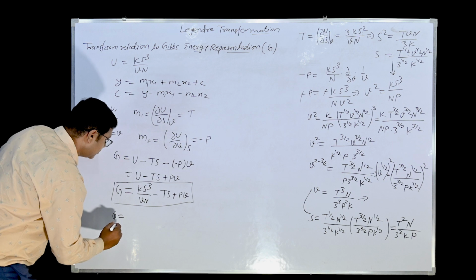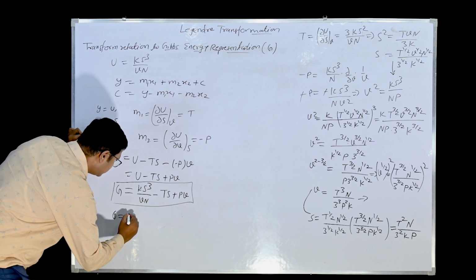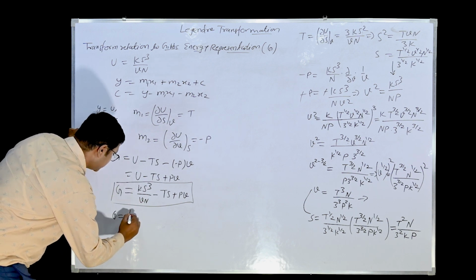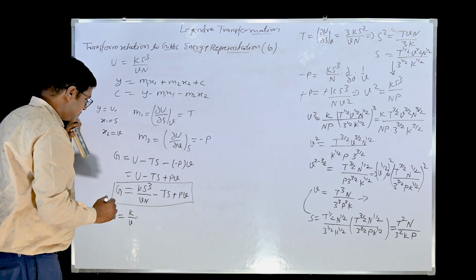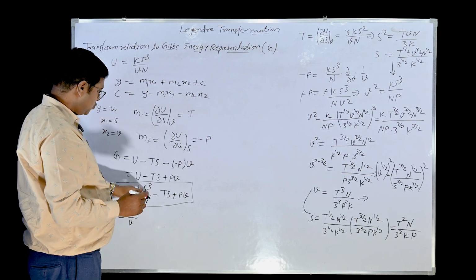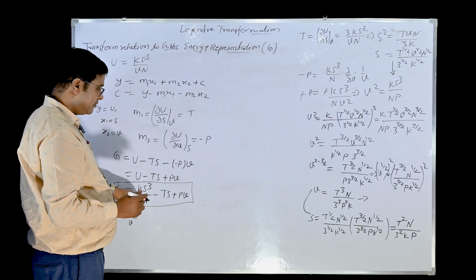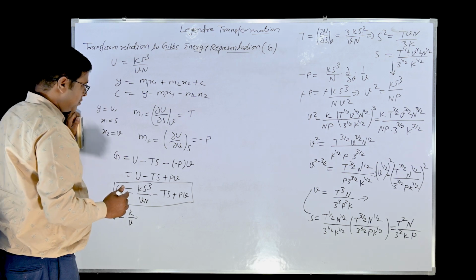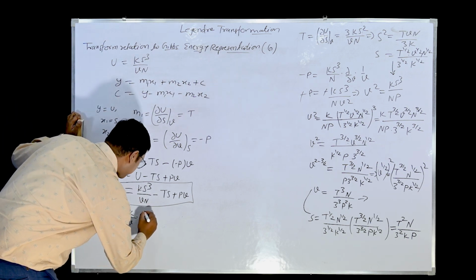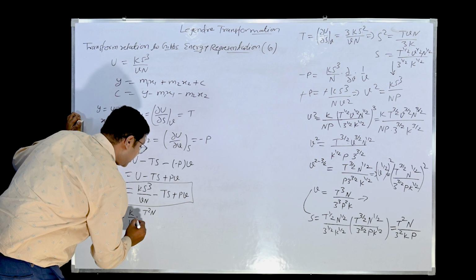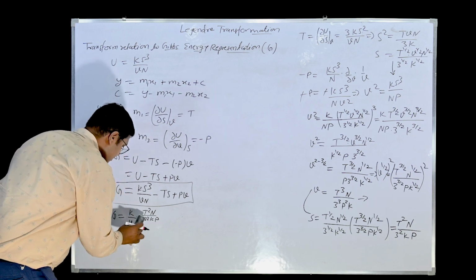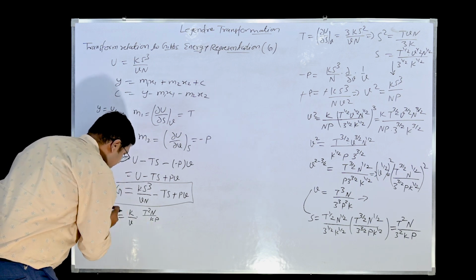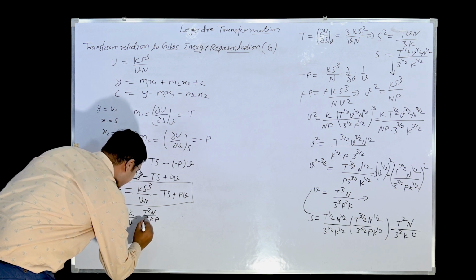So G is equal to, now K by V, K by V, S cube by V I have to put. So S cube is T square N by 3 square K P. Let me write it in a proper way. 3 square.